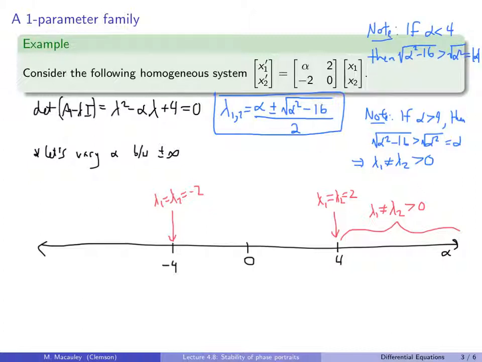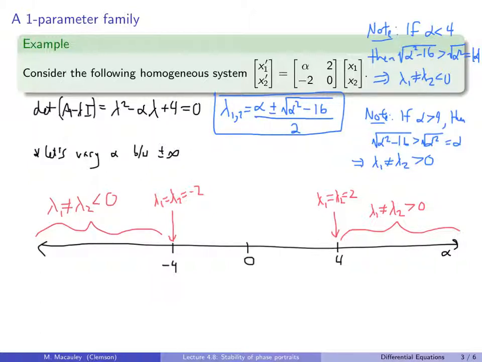So if we're over here, now we have a really small number, like say negative 20, plus or minus something that is less than 20. So in that case, both of these roots are going to be negative. So lambda 1 and lambda 2 are going to be different, and they're both going to be negative. So let's write that over here. So in this range, we have lambda 1 and lambda 2 are distinct negative roots.